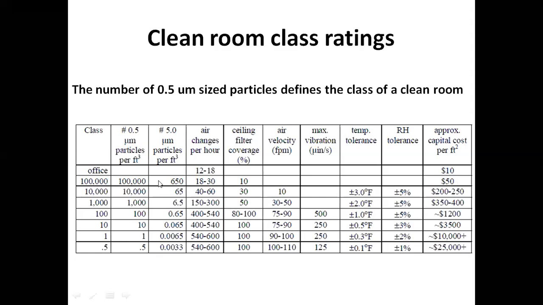For 100,000 class, the capital cost is $50 per square feet. 10,000 capital cost increases to 200 to $250. For 1,000 class, the capital cost increases to 350 to 400, whereas for 100 class, capital cost is approximately 1,200 per square feet.